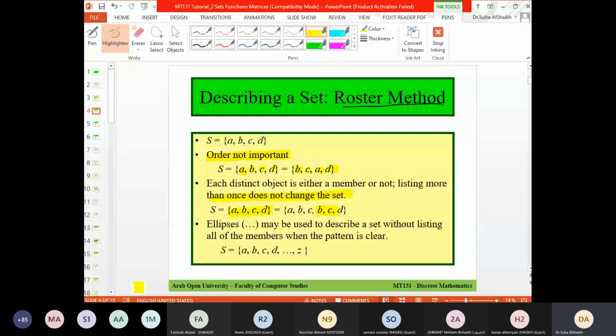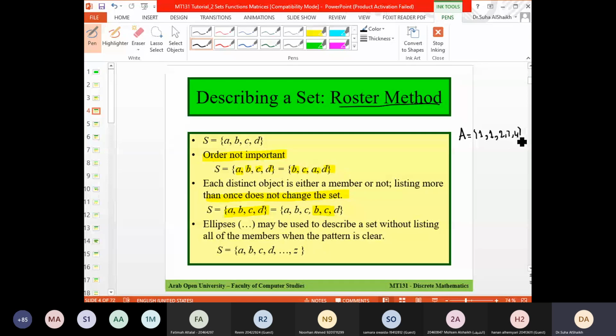We say that repetition does not affect. For example, for that example of A, when I said I have set A with 1, 2, 3, 4, if I write 1, 1, 2, 3, 4, it's fine. It's the same. This is the same as writing 1, 2, 3, and 4.